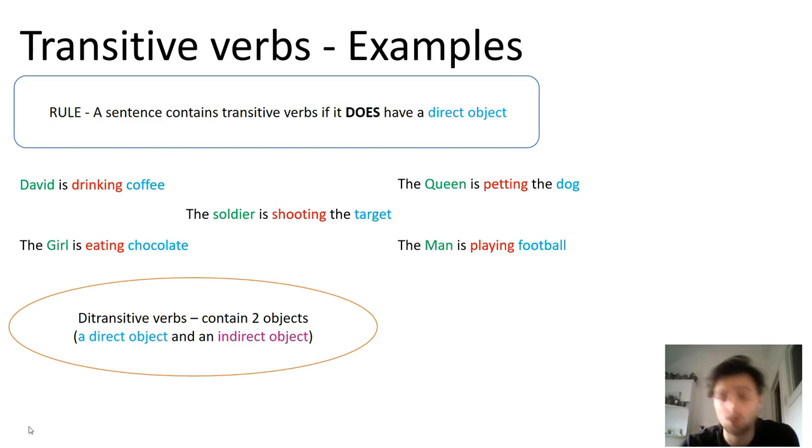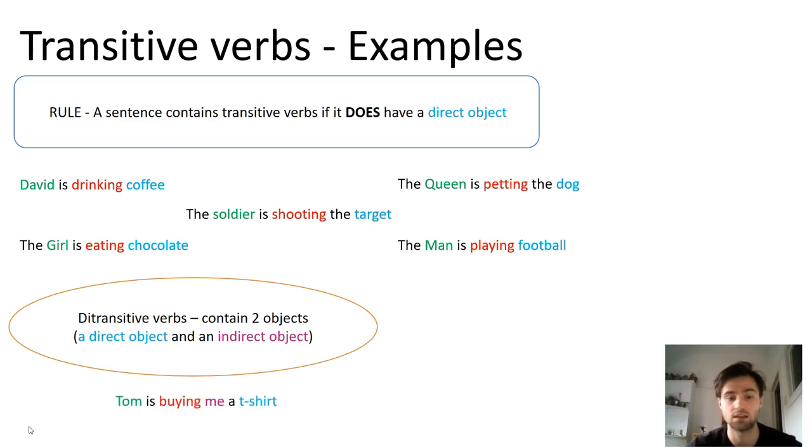Okay, so we've had a look at transitive verbs, and we understand that there is a need for a direct object to be present. Okay, now we can also use something called ditransitive verbs, and they contain two objects, but it's slightly different. Okay, so as a transitive verb only contains a direct object, a ditransitive verb contains a direct and an indirect object.